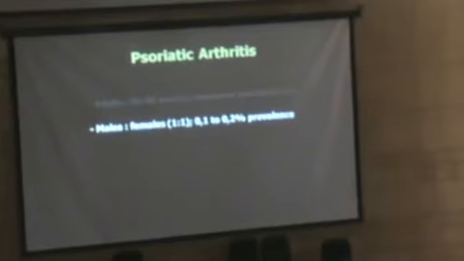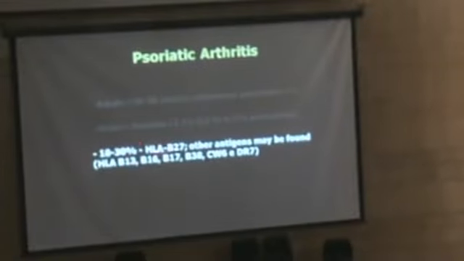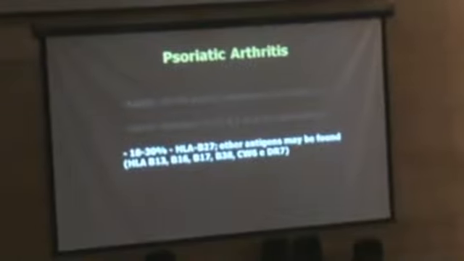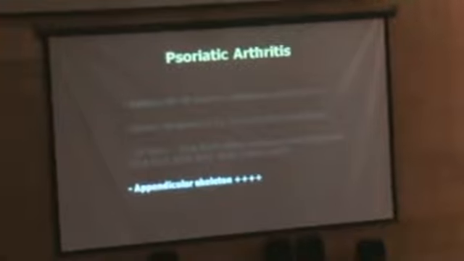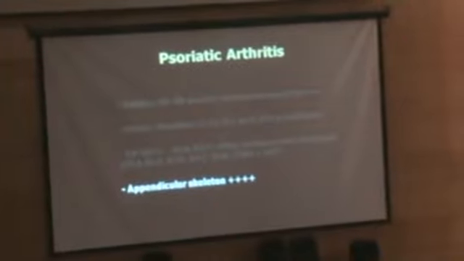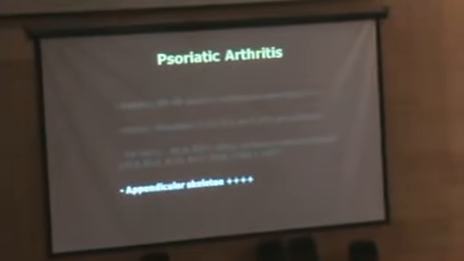It's affecting males and females in the same proportion, and up to 30% of those subjects express the HLA-B27 antigen. And it's a problem. It's not a lot. So it's very difficult sometimes to perform such diagnosis. And it's affecting especially the appendicular skeleton and not the axial skeleton as in ankylosing spondylitis.